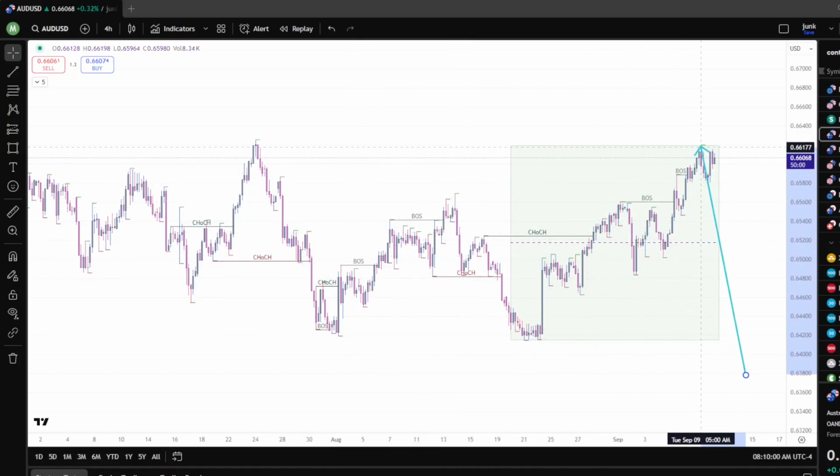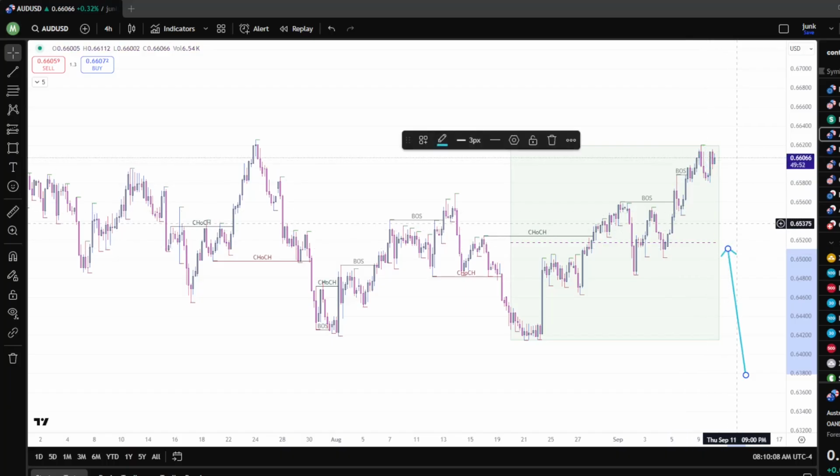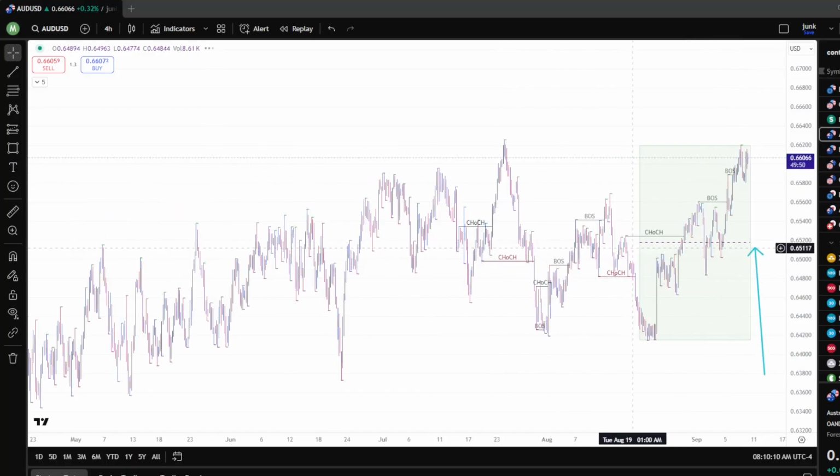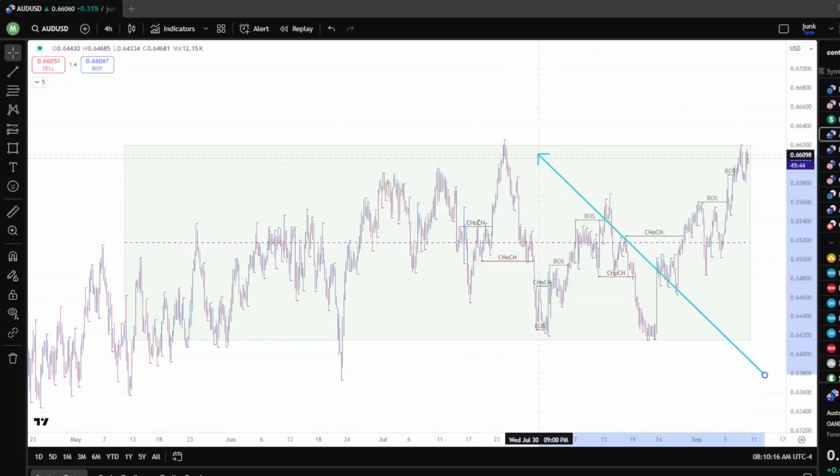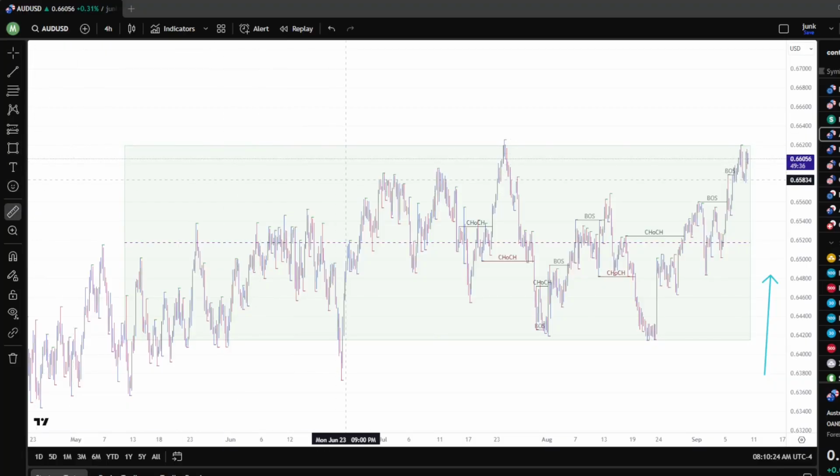So on a micro level, internally on the 4-hour chart, AUD USD is bullish, but overall, as we've been saying, it's been in this overall consolidated structure, just like with all the USD pairs. This whole area is resistance, which is the area it's in now.